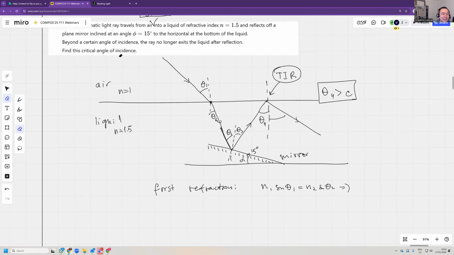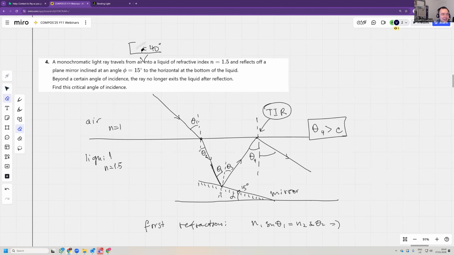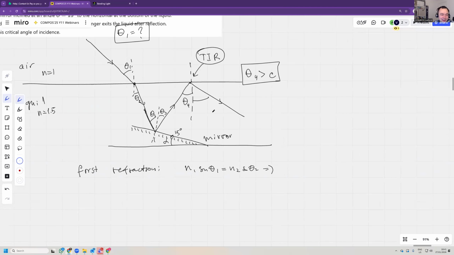What am I doing? I'm being very daft. We need to find theta 1. Theta 1 is the question mark. So for the first refraction, n1 sine theta 1 is n2 sine theta 2. That means 1 multiplied by sine theta 1 is equal to 1.5 multiplied by sine theta 2. Keep that equation, call it equation 1.